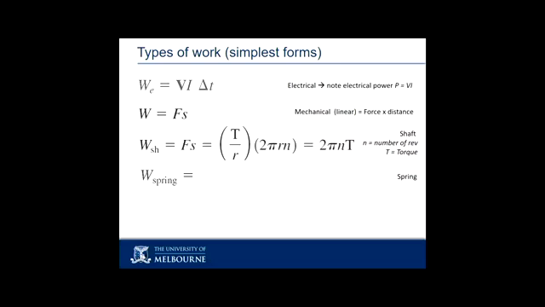The shaft work is also force times distance, but we have a circle, and so my force in a shaft system is torque, and if I have the radius of my circle, I can work out how far I've used that torque. So I've got my 2 pi r. The n is the number of revolutions.